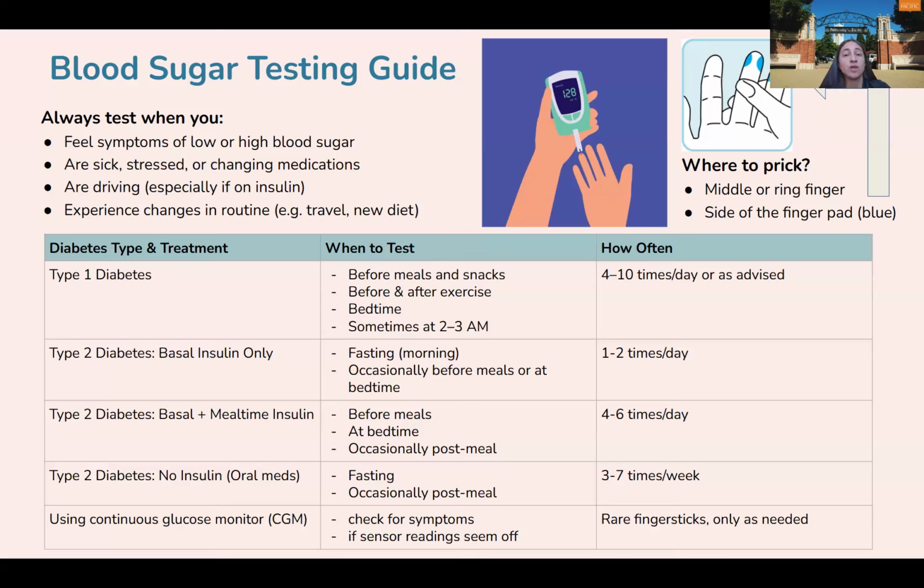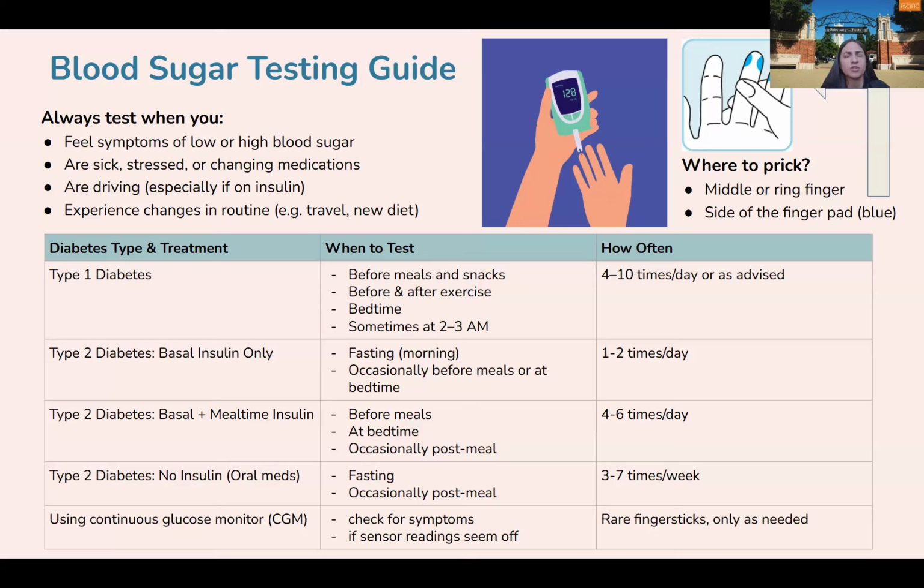And what's the significance of testing the blood sugar? It's to see when any individual is experiencing highs or lows, which could indicate low blood sugar or high blood sugar. It's really good to test so you can monitor how much blood sugar is currently in the bloodstream.